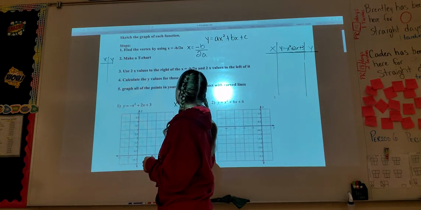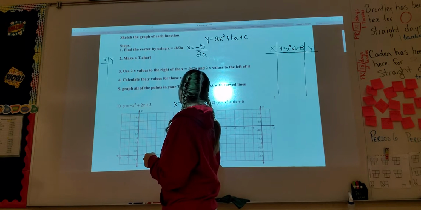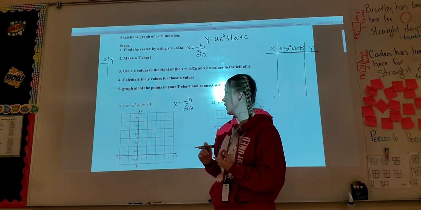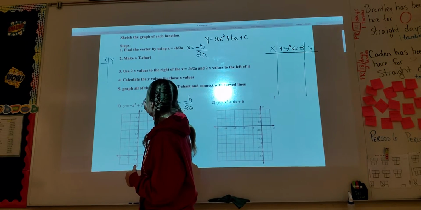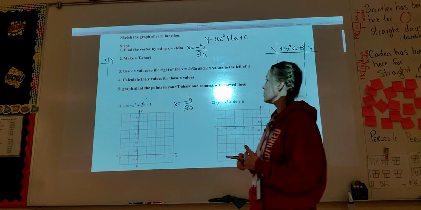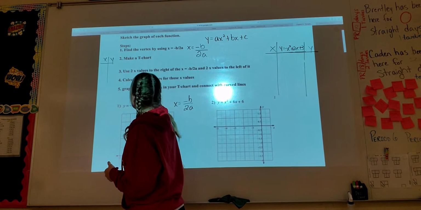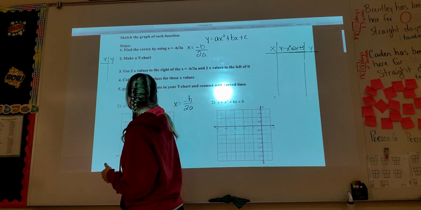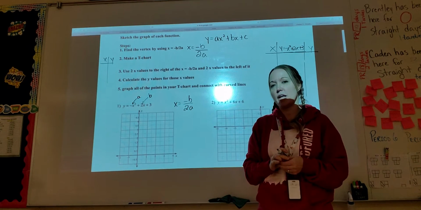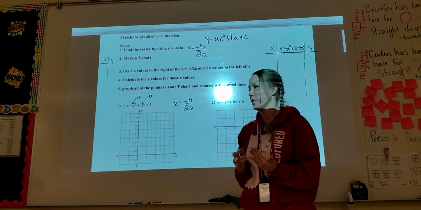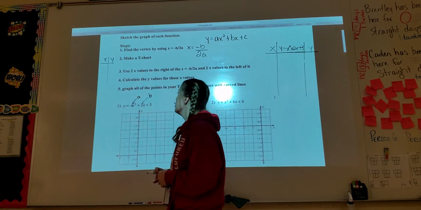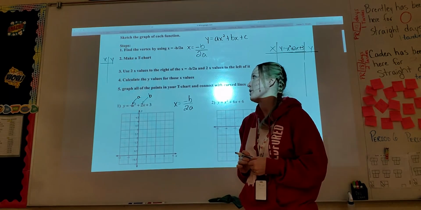What does that mean? What that means is you've got to identify your b and your a. Your b is that coefficient out in front of that second term. And then your a is the coefficient out in front of your first term. Well, that's a negative, but there's no number with it, so it means it's a negative 1. So my a is negative 1 and my b is 2.